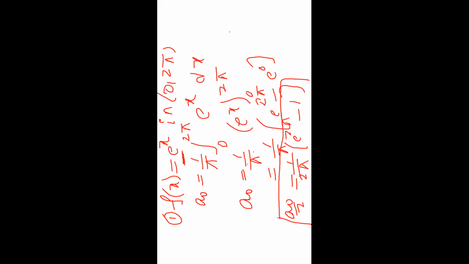Next, finding the an. The an formula is an equals 1 by pi integral 0 to 2 pi f of x cos nx dx.